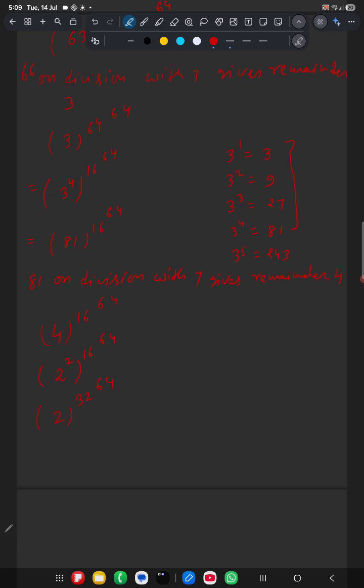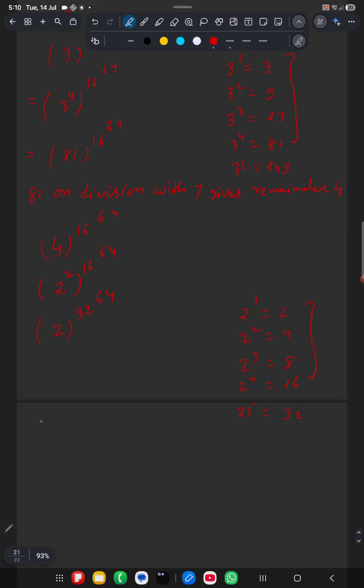Now check the cyclicity of 2. 2 power 1 is 2, 2 power 2 is 4, 2 power 3 is 8, 2 power 4 is 16, 2 power 5 is 32. The cyclicity of 2 is again 4. So 2 power 4 is 16, 16 power 64.